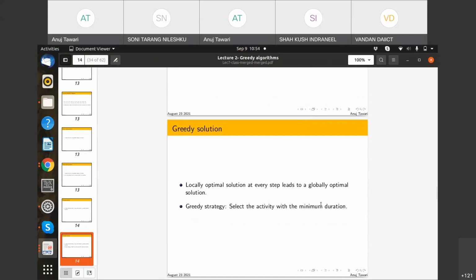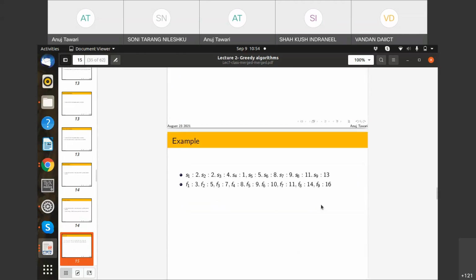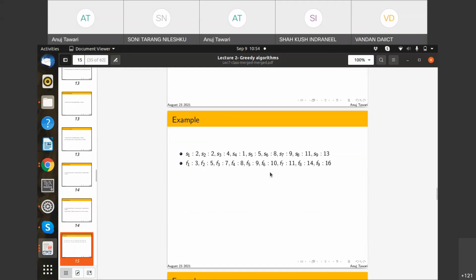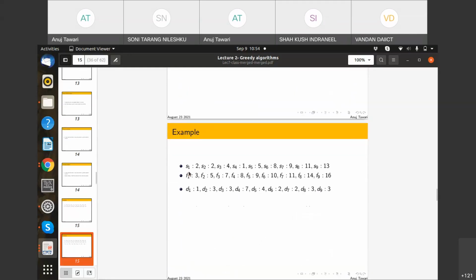Okay. So I'll first show you some approaches which do not work. One thing you could do is select the activity with the minimum duration. That is an obvious thing to do. You are given the start times and the finish times, and you find the duration of each.